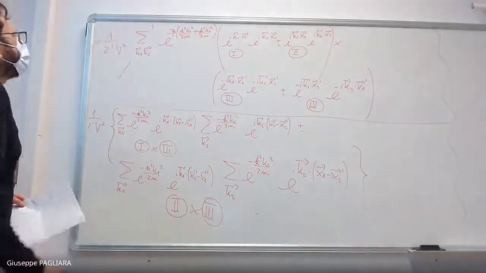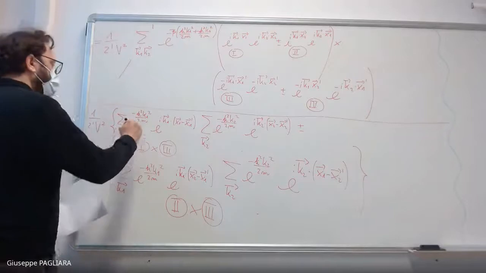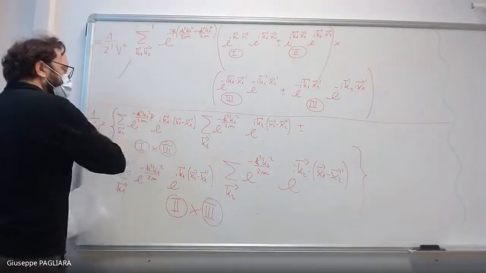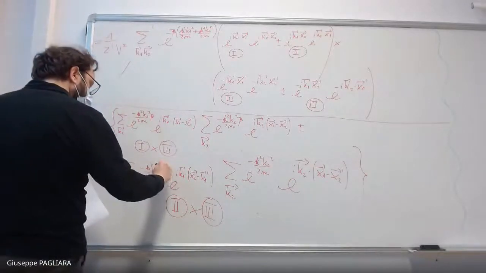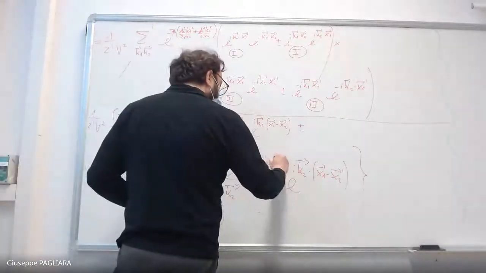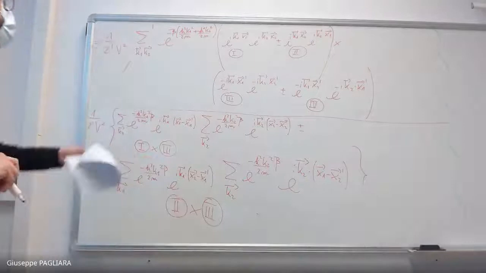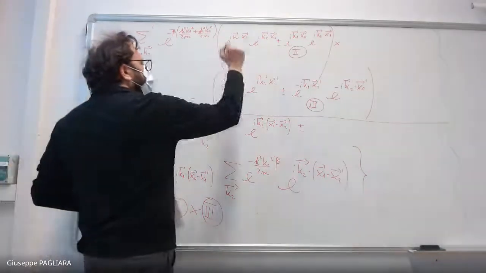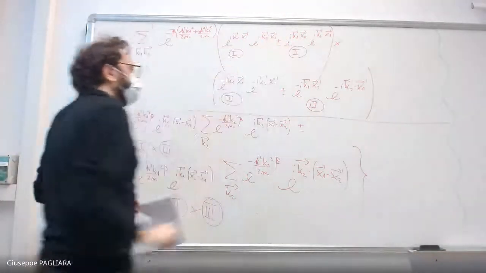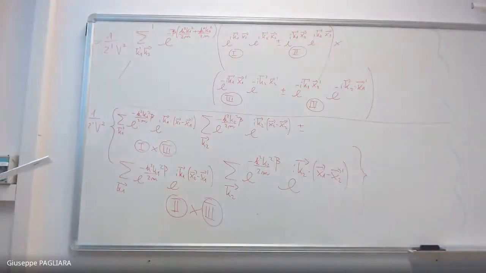And also I need to recover a beta that was present here. So I have done this times this, and this times this. And then this is a plus minus.